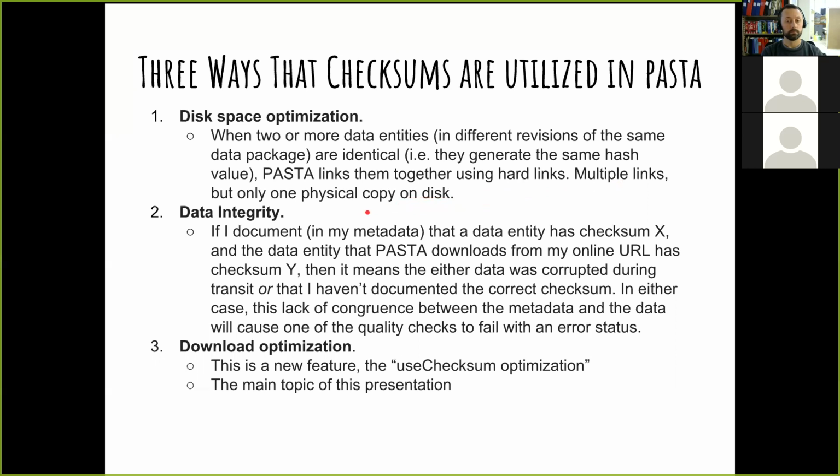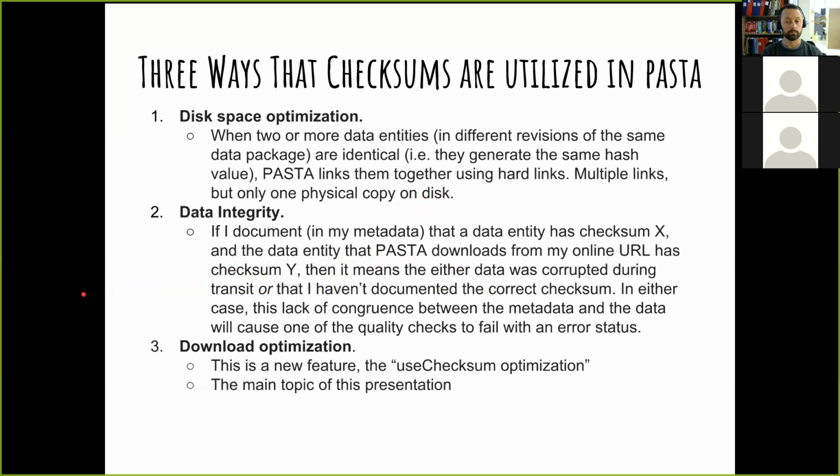For data integrity, if I document in my metadata that a data entity has checksum X, and the data entity that PASTA downloads from my online URL has checksum Y, then it means that either the data was corrupted during transit or that I have documented the incorrect checksum.